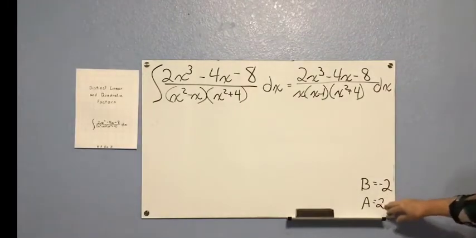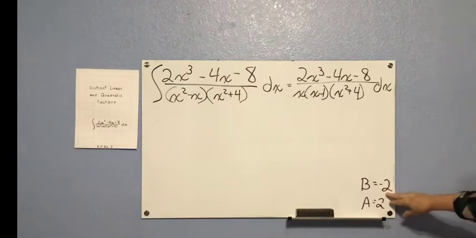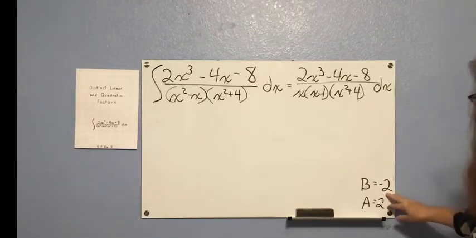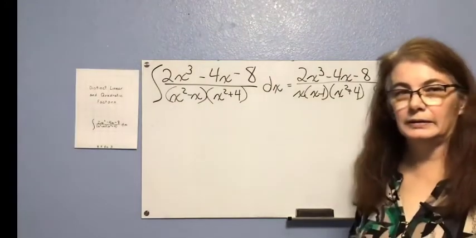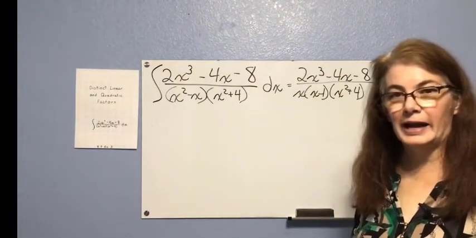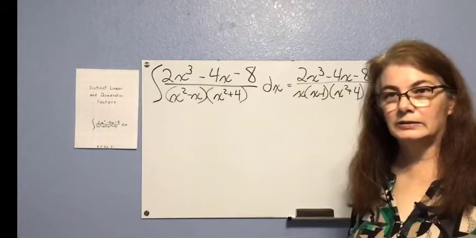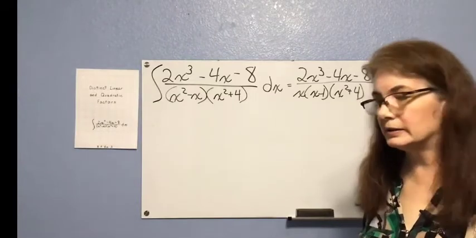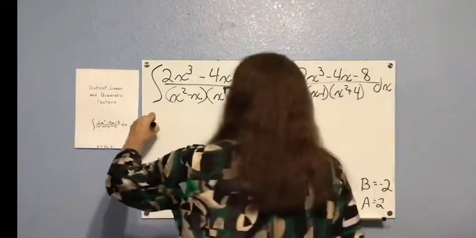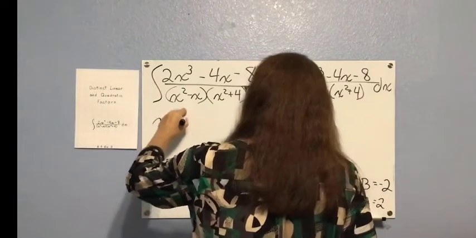Now I have values for a and b, but I still need to find c and d. To do this, I'm going to have to pick another couple of values for x and solve a system of equations. So I'm going to start with x equals -1.